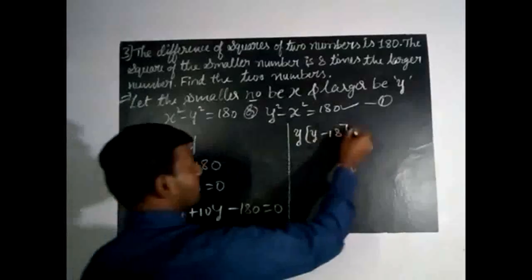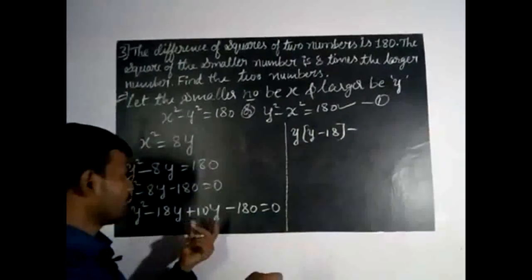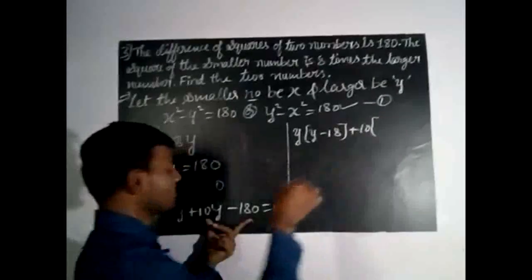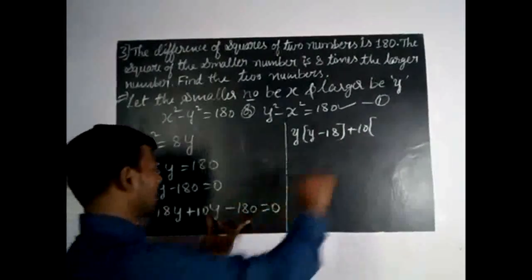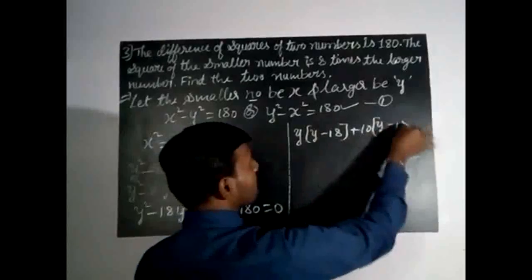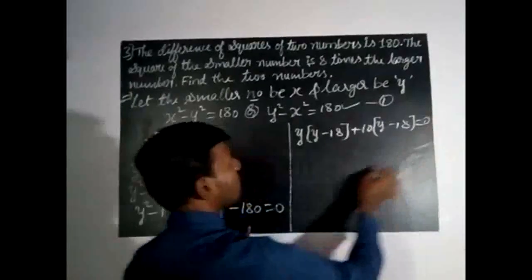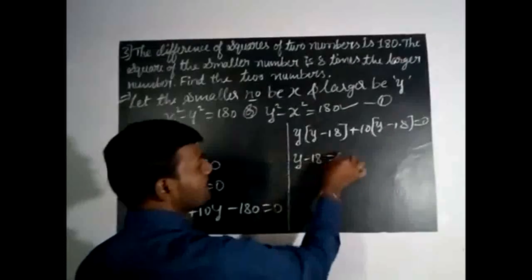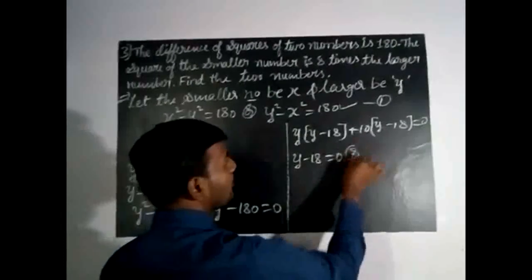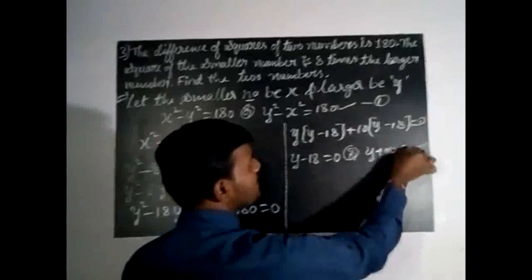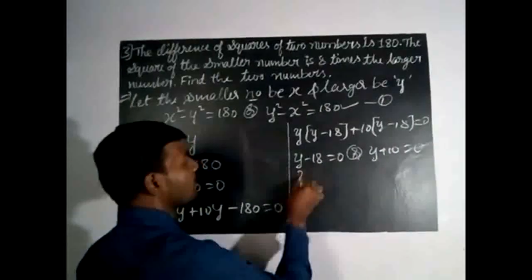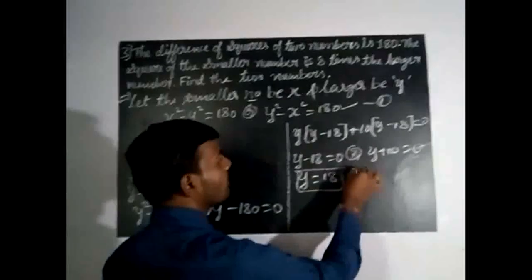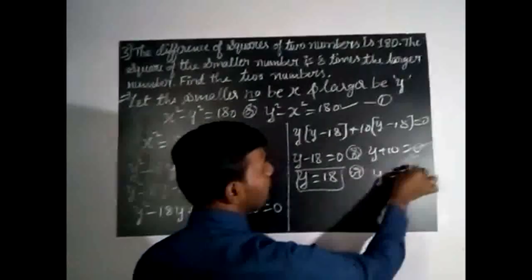Then plus 10: in these two terms, 10 is common. Taking out 10, what is left? Y minus 18, which is equal to 0. Here either y minus 18 is equal to 0 or y plus 10 is equal to 0. Then y is equal to 18 or y is equal to minus 10.